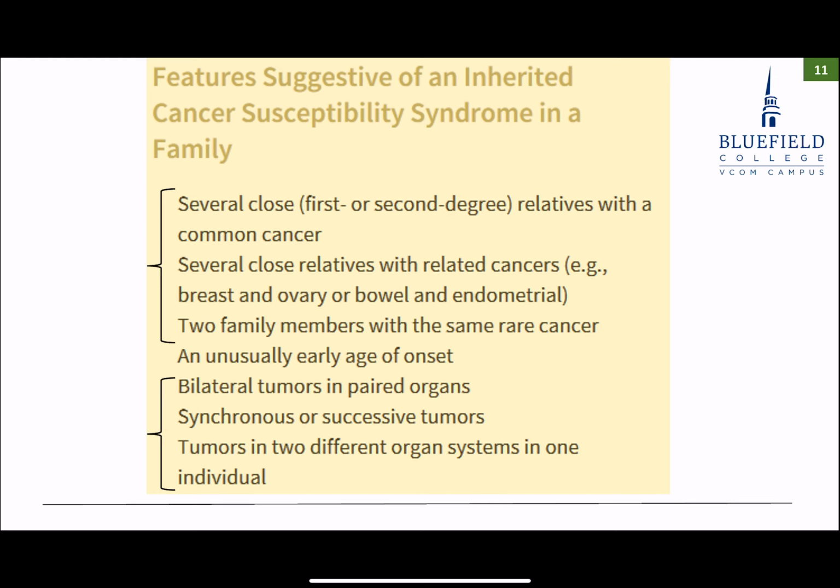Or bilateral tumors in paired organs, like breast cancer, not in one breast, but both breasts, or retinoblastoma, not in one eye, but both eyes. Synchronous or successive tumors, or tumors in two different organ systems in one individual, is also very unusual, suggesting that there is more than just somatic mutations, that some susceptibility mutations were inherited in the germline.